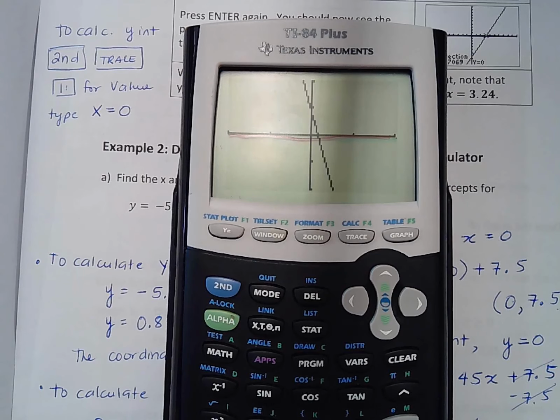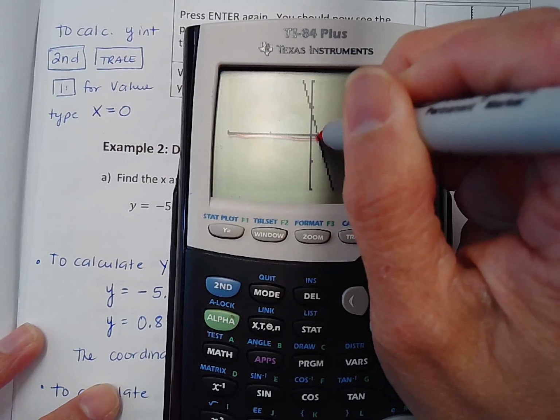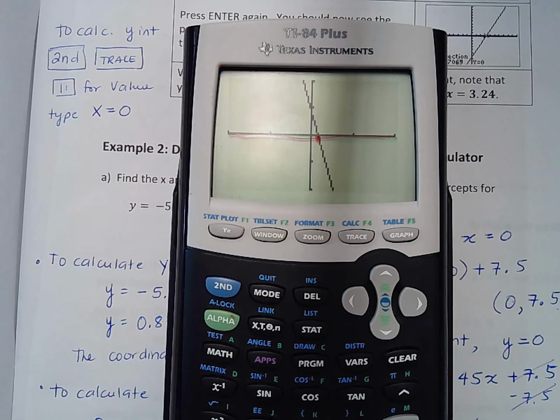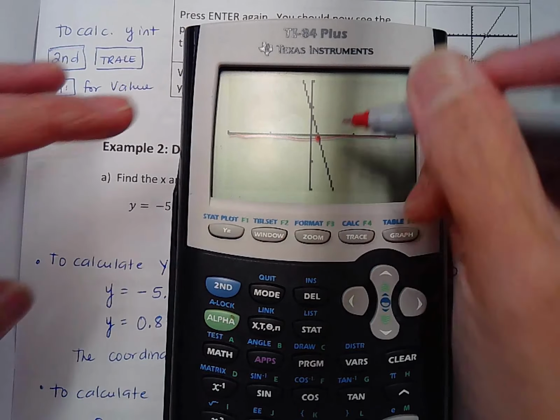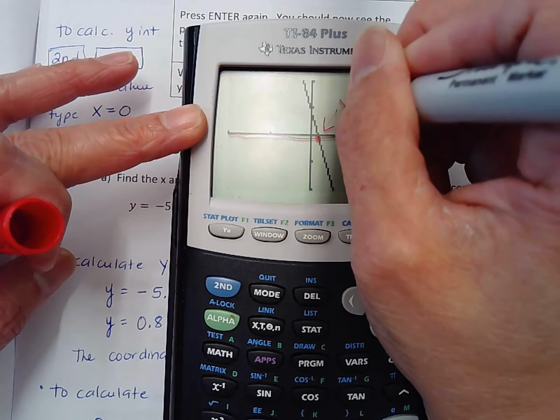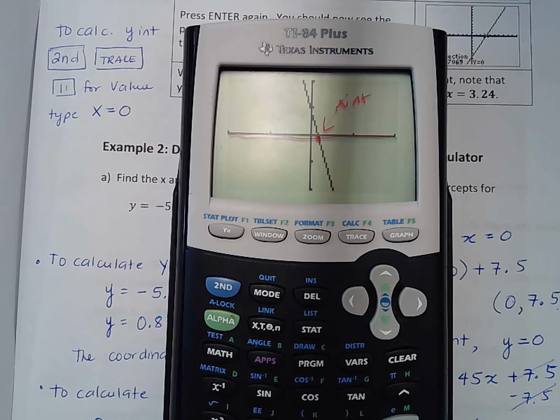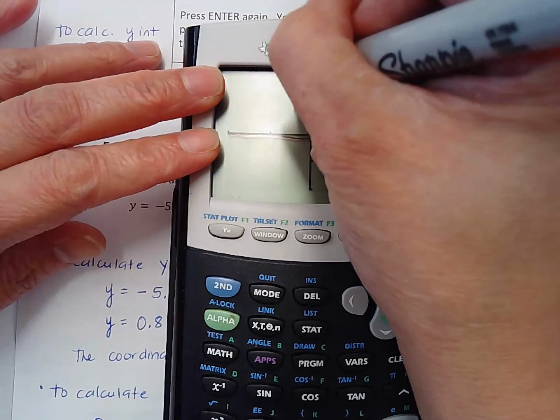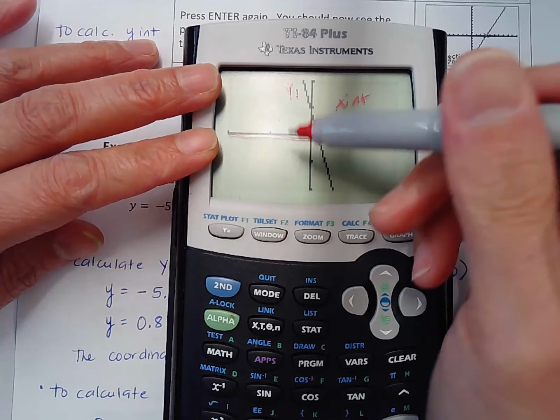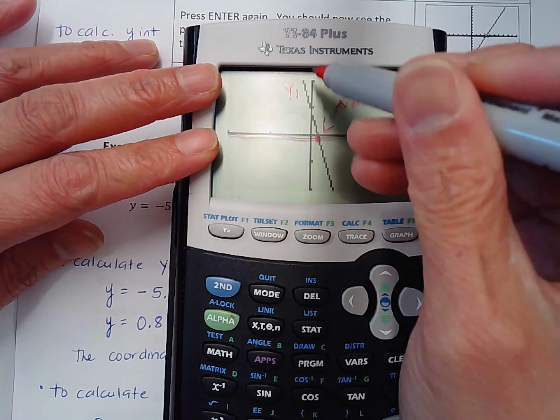So what we're going to do here is find that point of intersection, because where they cross each other, that's where the x-intercept is. So the x-intercept is where those two lines meet. This is y1, your y1 graph, the slant.